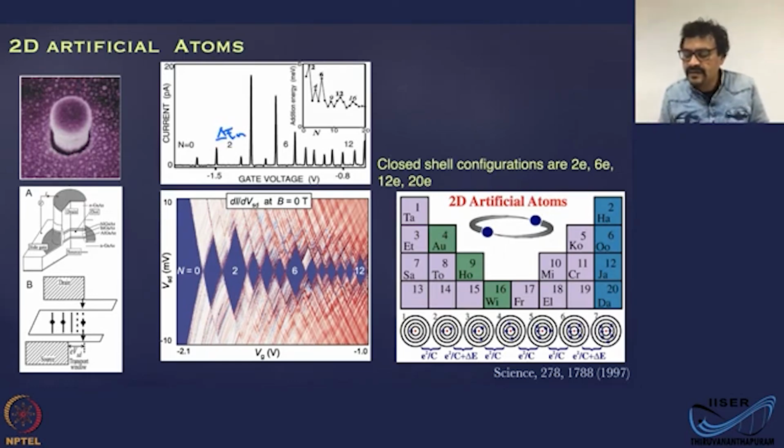Okay, then next 4, 1, 2, 3, 4, then again the gap is small. The next 6, 2, 3, 4, 5, 6, again you can see a larger gap, and so on. Okay, and the same thing is reflected in the Coulomb diamond plot also here.